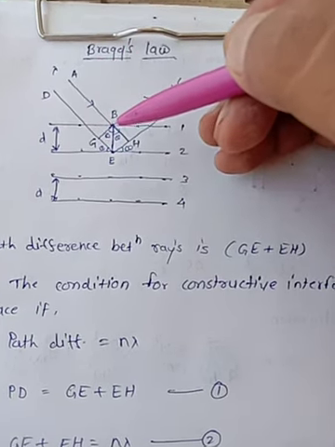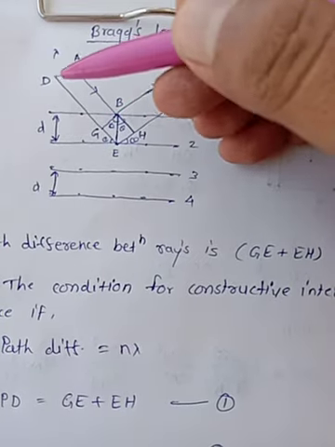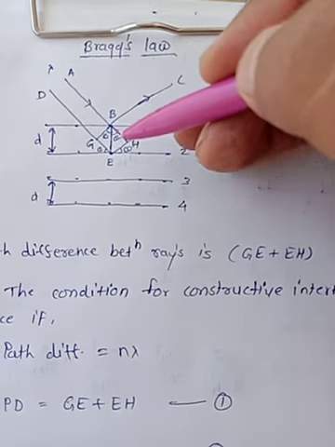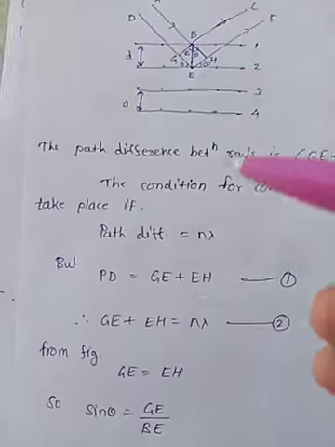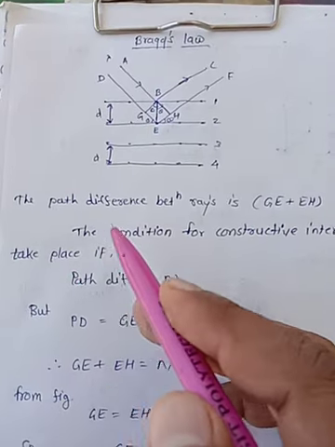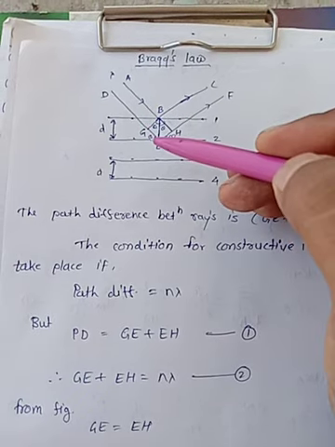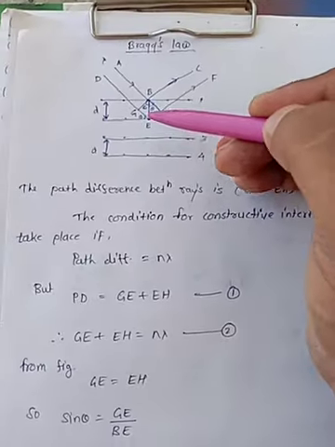These are 90-degree angles. So the effective path difference between these two rays is GE plus EH.